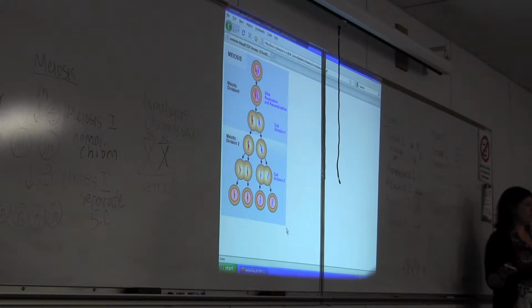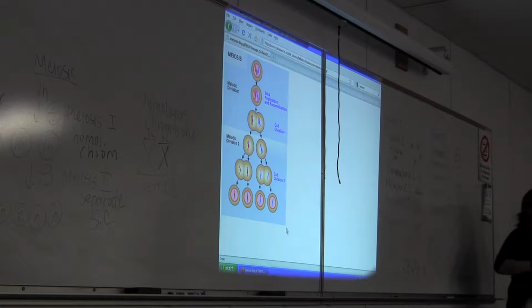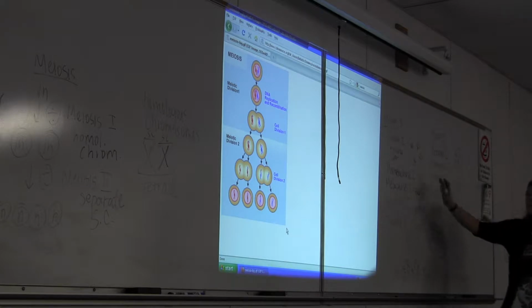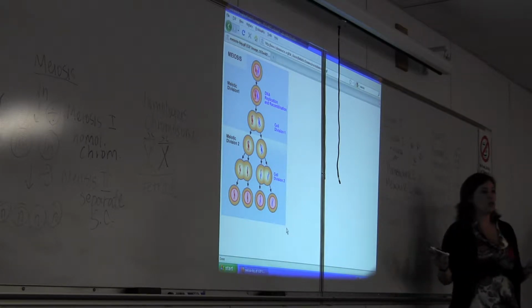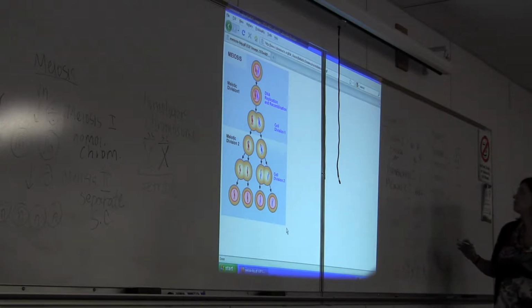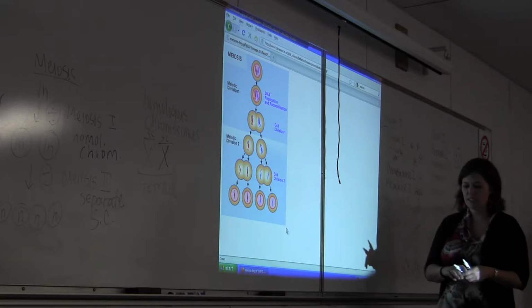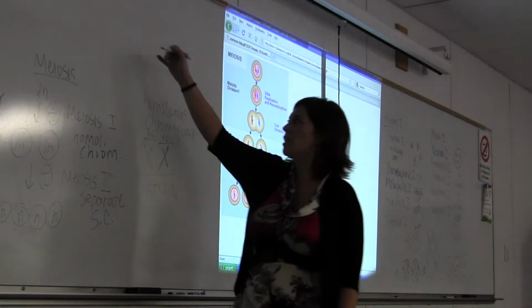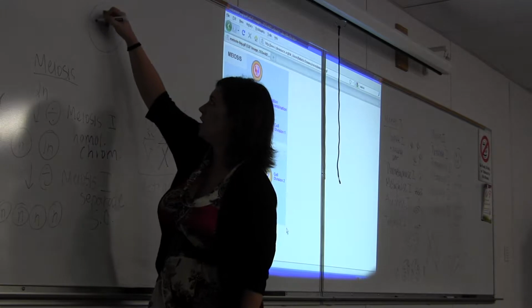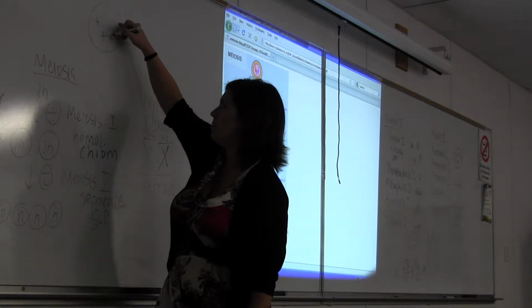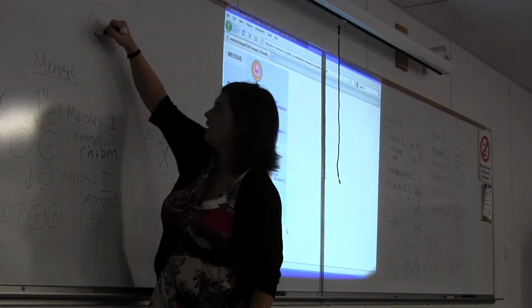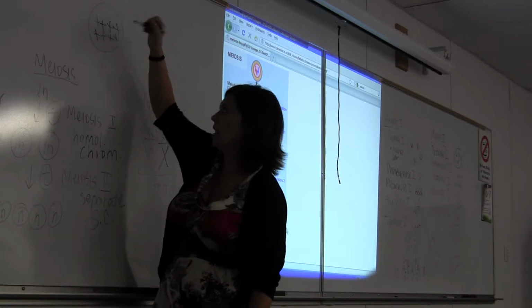And so if we look at the different possibilities of the ways that these homologous chromosomes line up in meiosis 1, remember we said they can line up randomly however they want. So you could have a mom there, a mom there, a mom there, and then something like that.